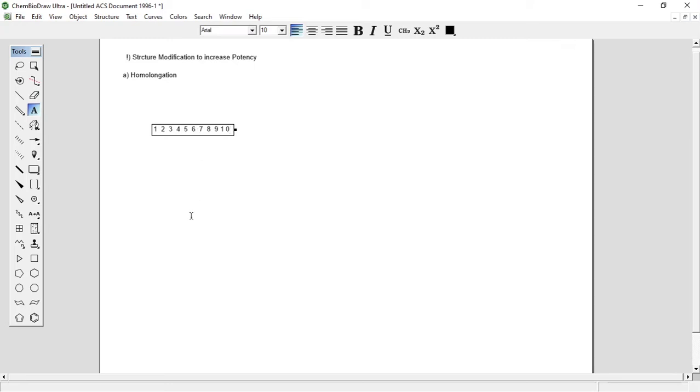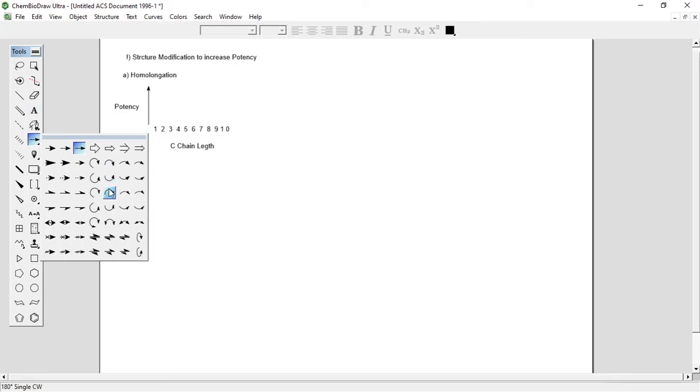So these are methane, ethane, propane, butane, pentane, hexane, heptane, octane, nonane. These are your carbon chain length, and this axis is potency.